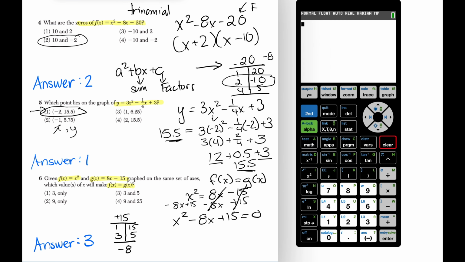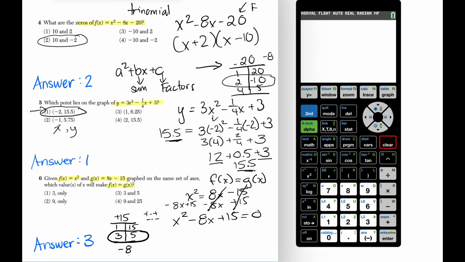The only way I can multiply things and they become a positive is if both of them are positive, or if it's a negative times a negative. So I'm looking at which are the only ones that, when I add them up together, I'm going to get an 8. Well, if I add these two together, I'll get 8. So now you have to think, can this become negative 8 if both of them are positive?